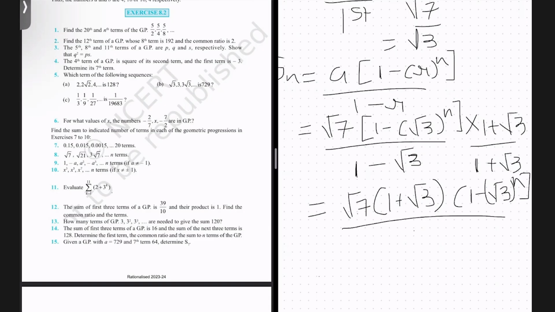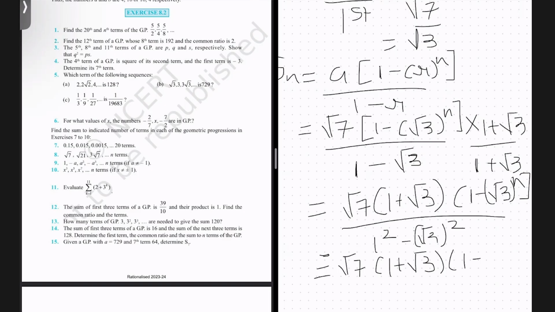Correct. In the denominator, what you now have is 1 squared minus root 3 whole squared. Right. Now, solving this, the negative comes up here, 1 plus root 3. And in the bracket, now you have 1 minus root 3 to the power n.